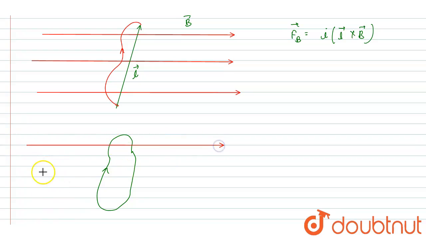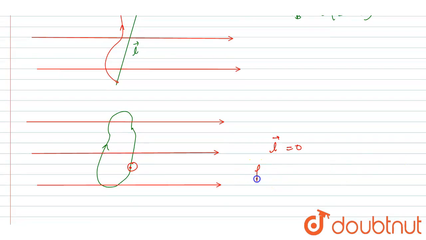So here if you wanted to see the L vector, you start from this point and end at this point, so the final point is same as the initial point. So basically in this situation the L vector will be 0, because the final point is same as the initial point. Let me write this down: final point is same as that of the initial point.